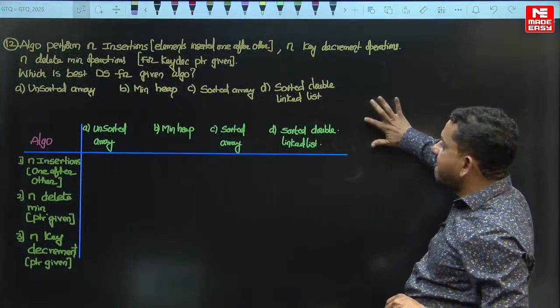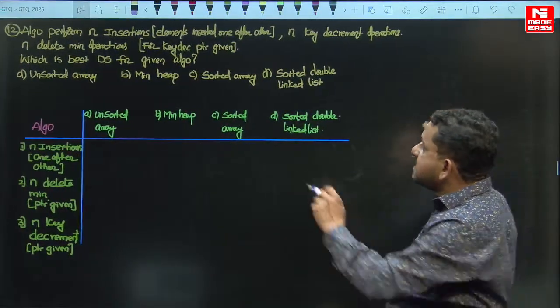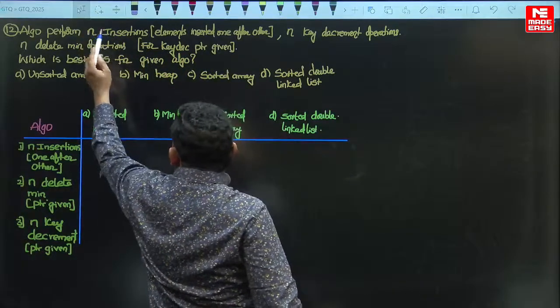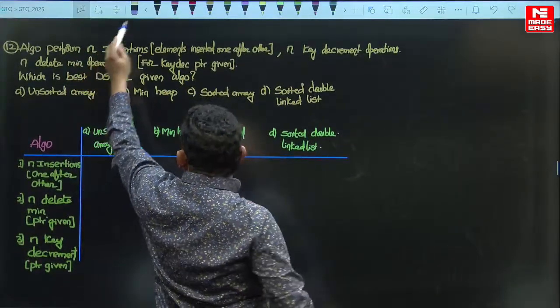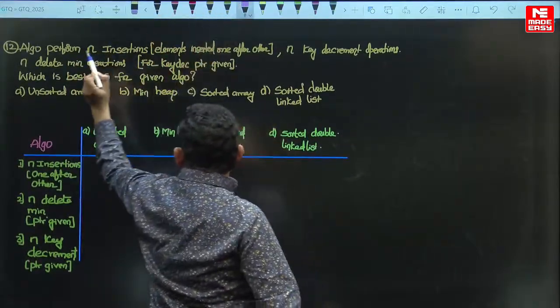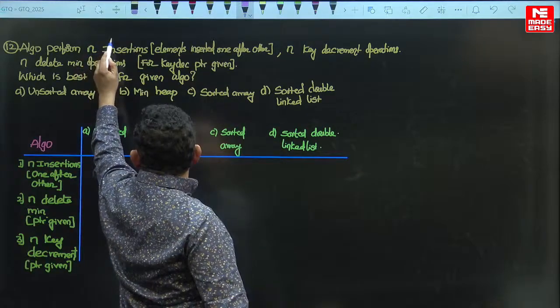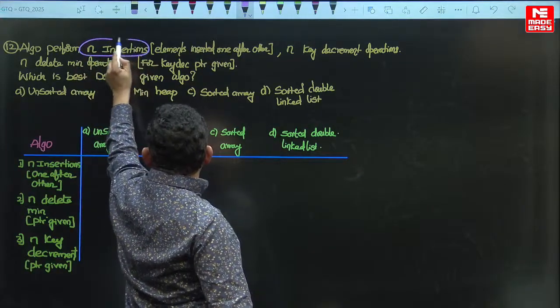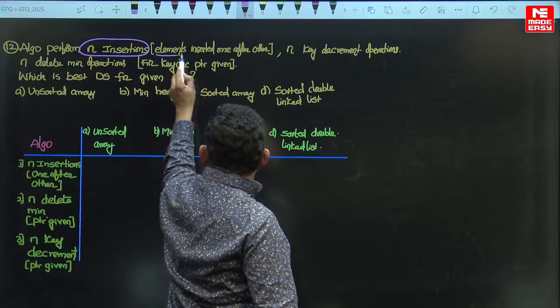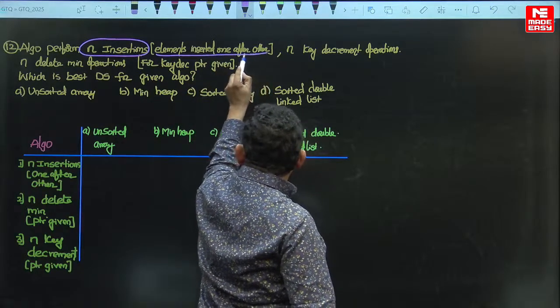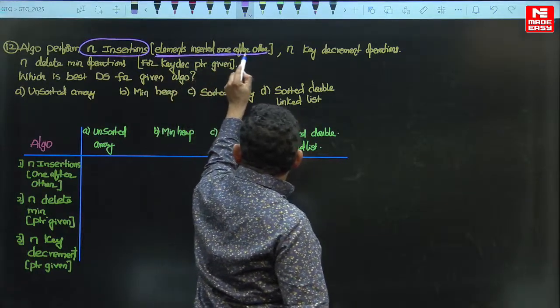Next one, do this question. See, this model question is also repeatedly asked, many times given in the exam also. The algorithm is required to perform n insertions, elements inserted one after the other.